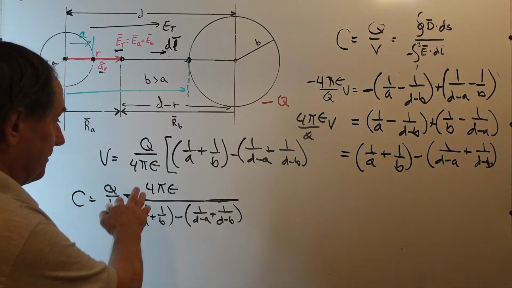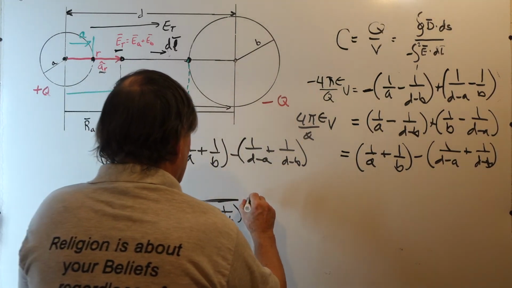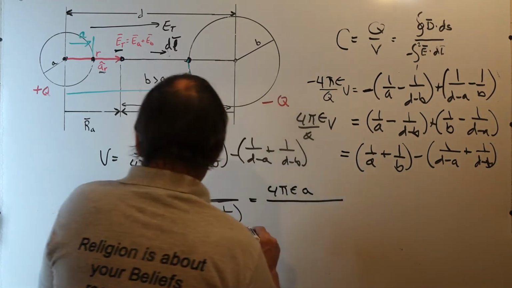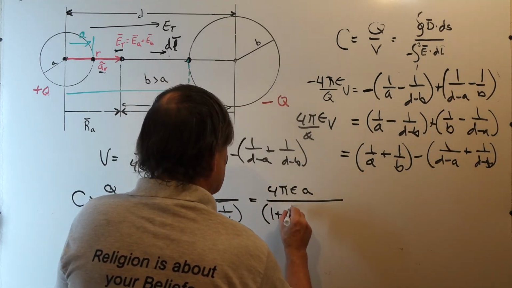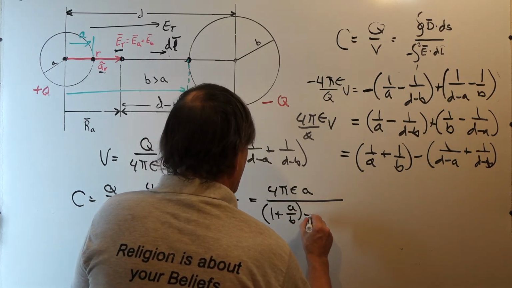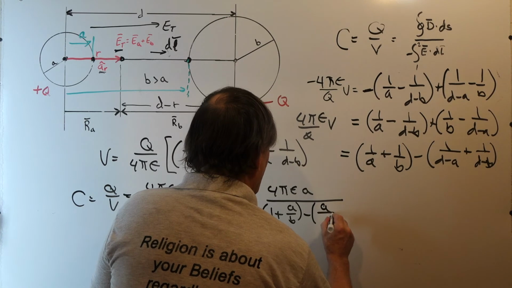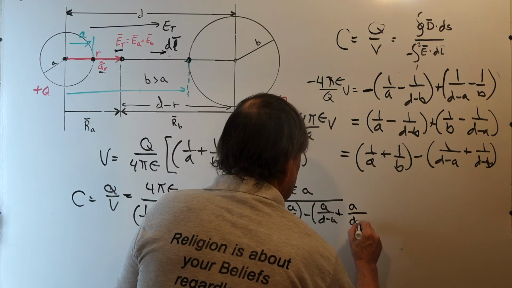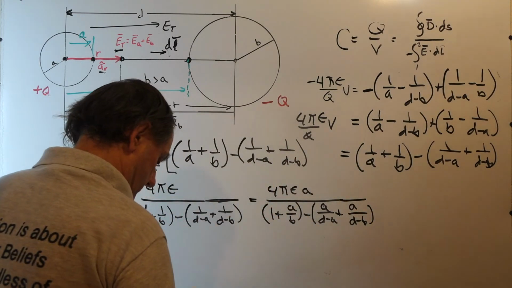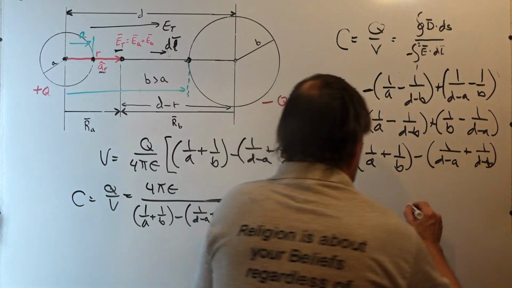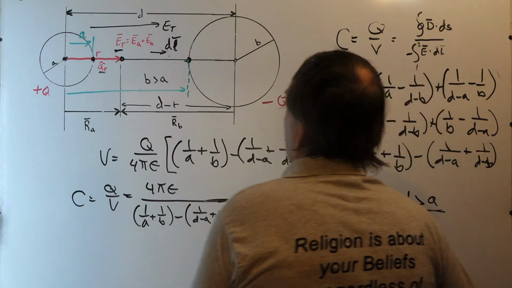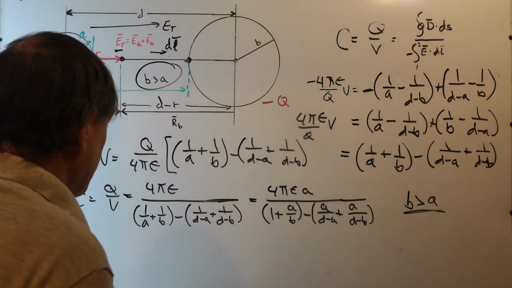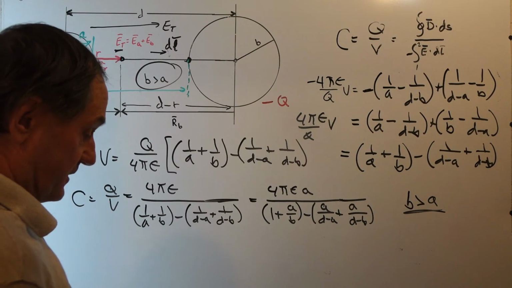Now, I'm going to multiply numerator and denominator through by A. So I get 4 pi epsilon A over 1 plus A over B minus A over D minus A plus A over D minus B. And this is under the condition that B is greater than A, right here, that we made our assumption. So there's the value for capacitance.